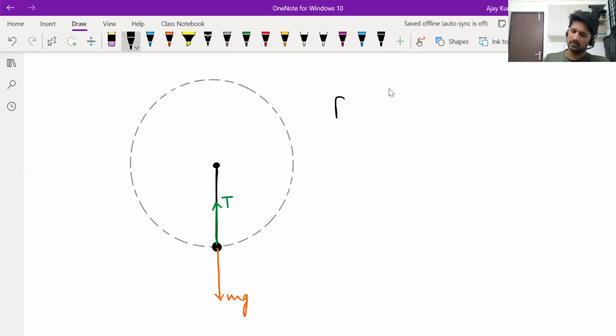So tell me, what is the net force towards the center at this moment? How much is the net force towards the center?